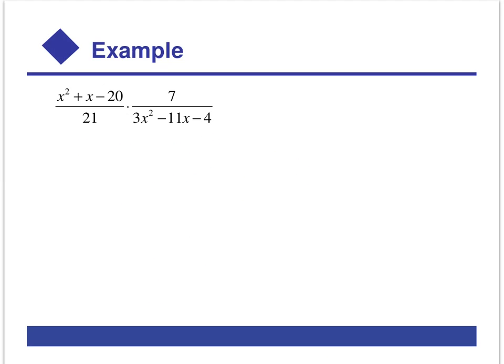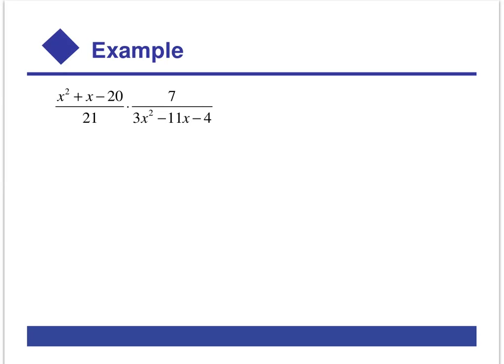Okay, on this one, we have x squared plus x minus 20 over 21 times 7 over 3x squared minus 11x minus 4. So if it were me, I think I would factor everything first and then go from there before I even multiplied.